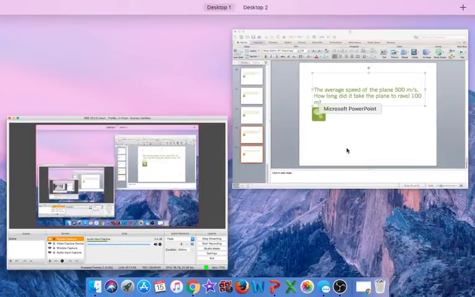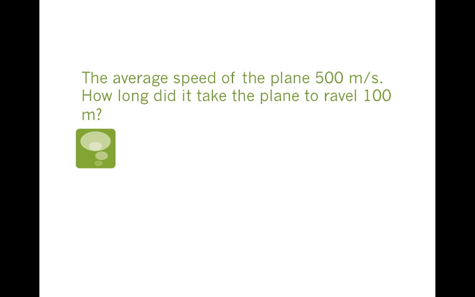I mean, you may have a simple question like this, which I think is pretty simple. So remember, speed is your distance divided by your time. So if you're given a question, the average speed of a plane is 500 meters per second. Sorry, that's supposed to say travel, not ravel. How long would it take to travel 100 meters?